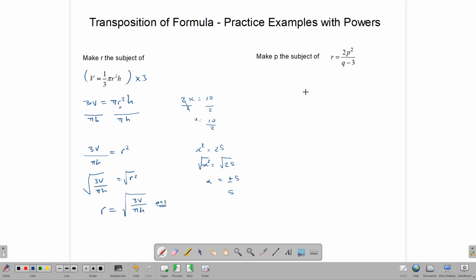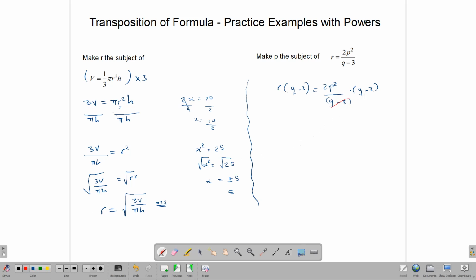Let's try this question. Make p the subject. So the first thing we're going to do again is to cross multiply, or multiply both sides by the denominator q minus 3. So we're going to have r bracket q minus 3 is equal to 2p squared over q minus 3, times q minus 3.